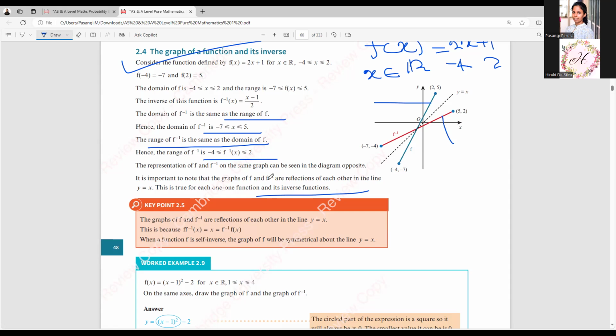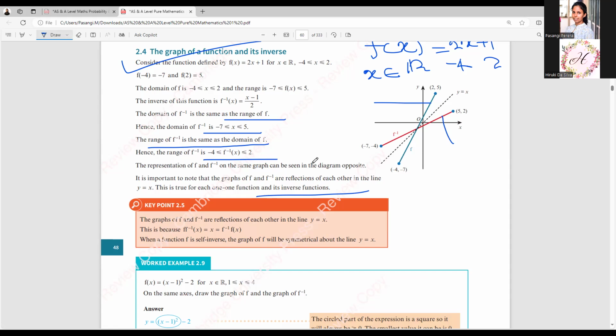When a function f is self-inverse, if its inverse is itself, then the graph of f will be symmetrical about the line y equals x. Is it clear for you?